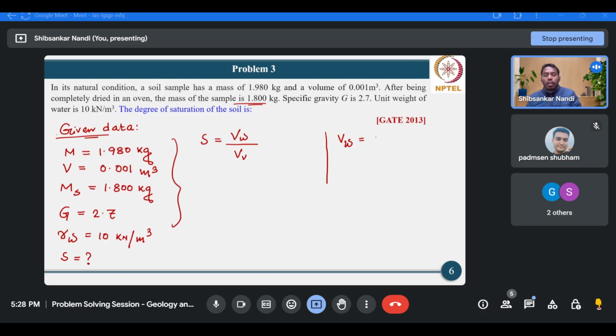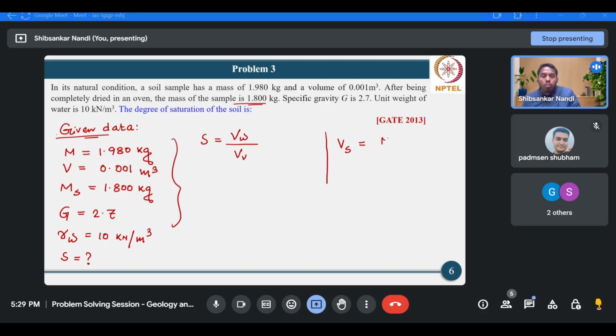Now how can we determine the volume of water? Is it possible to determine the volume of water? Okay, so let me approach in this fashion. So first, let me determine the volume of solid.